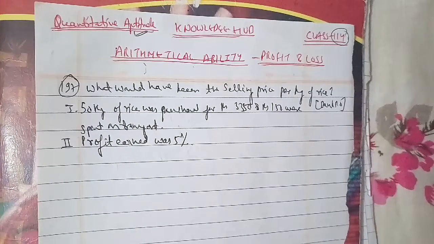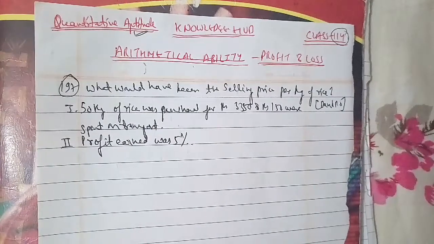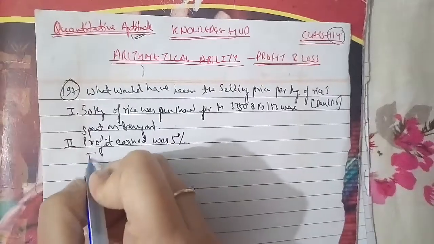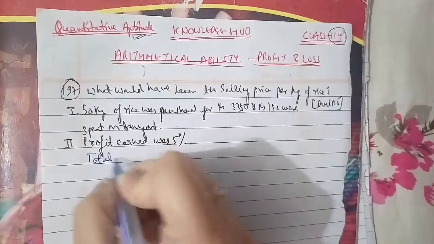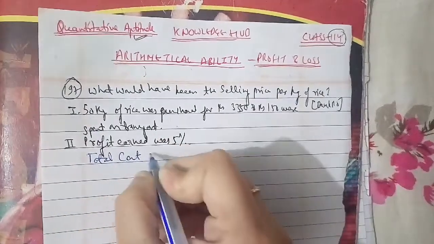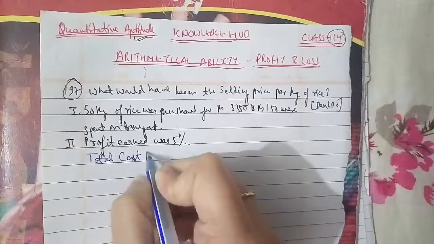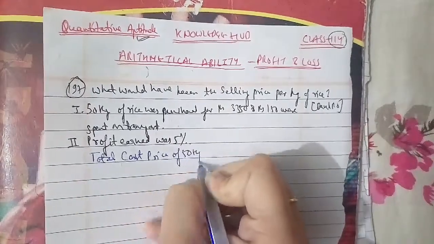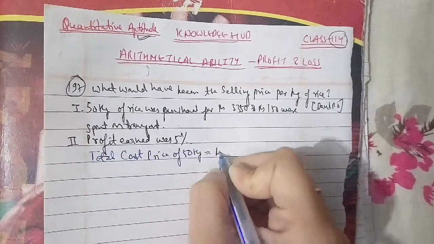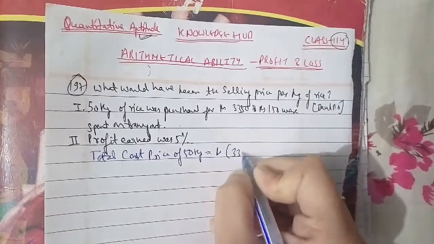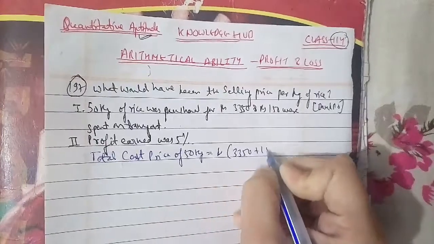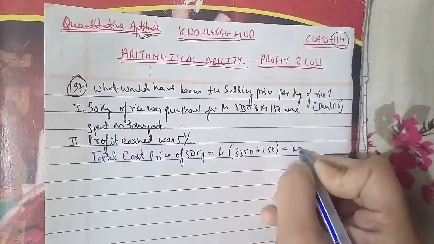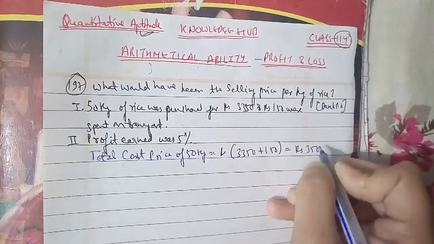Let's find out the solution as well. So here we go ahead. The total cost price of 50 kg is equal to rupees 3,350 plus 150, equals rupees 3,500.